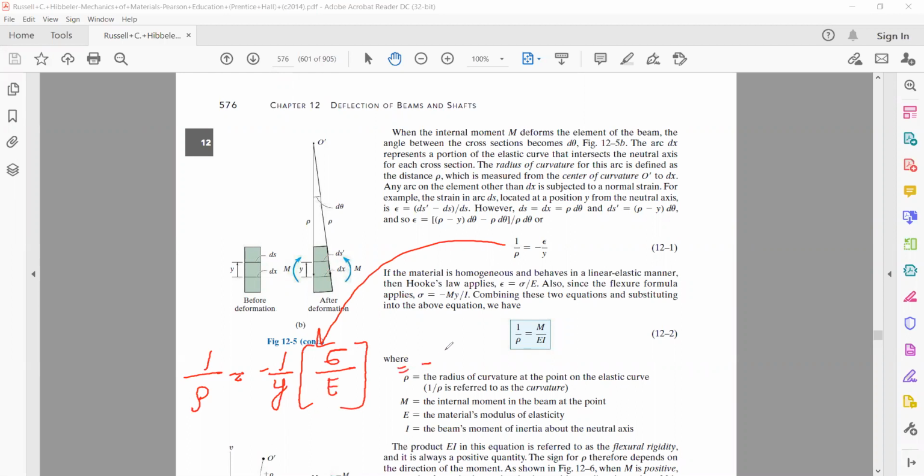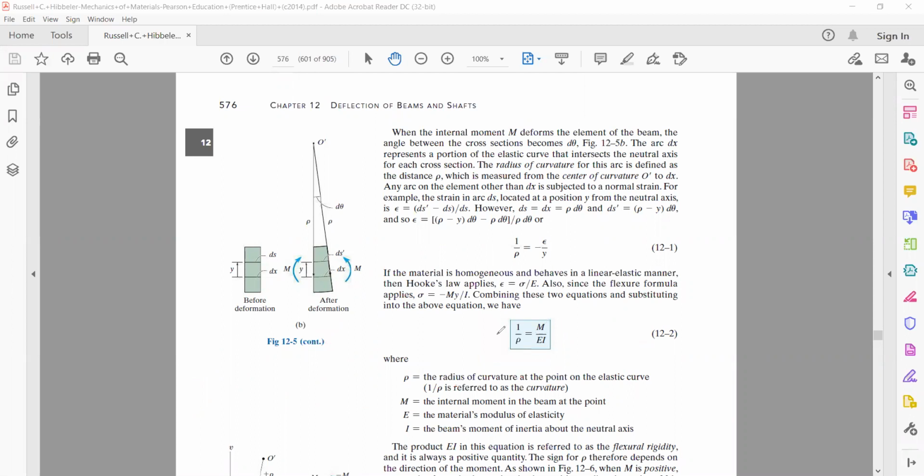That's equal to minus 1 by y into sigma, and sigma I just said is minus My divided by I, and you have your E. So y and y will cancel, and we will have M by EI becoming equal to 1 by rho.